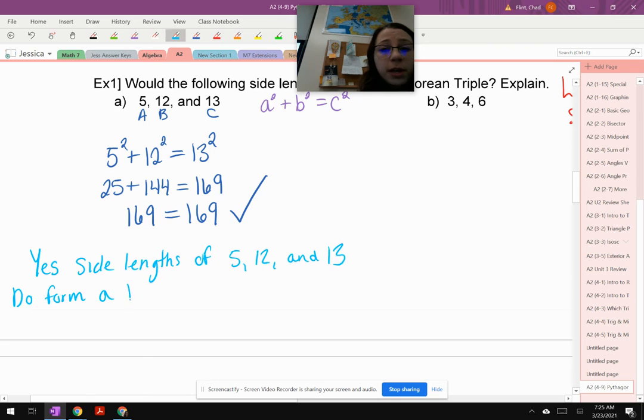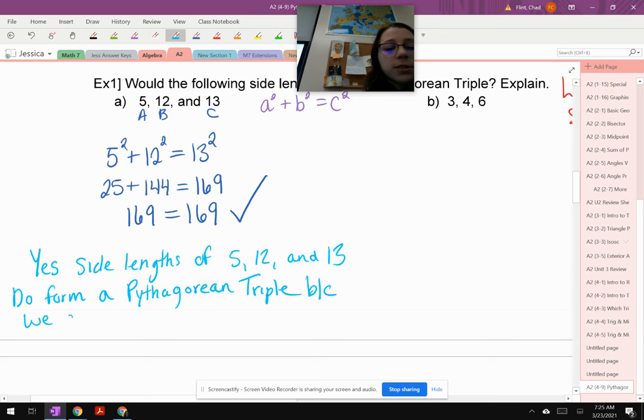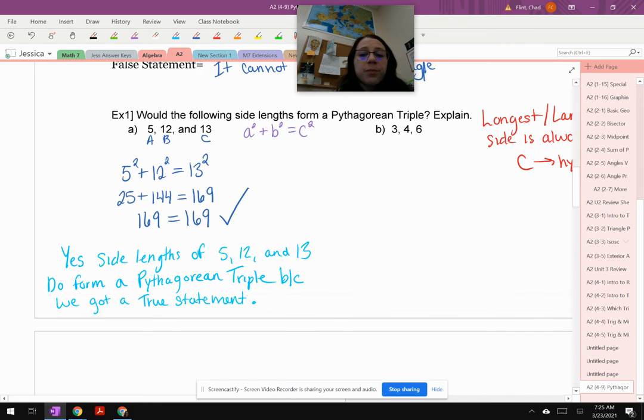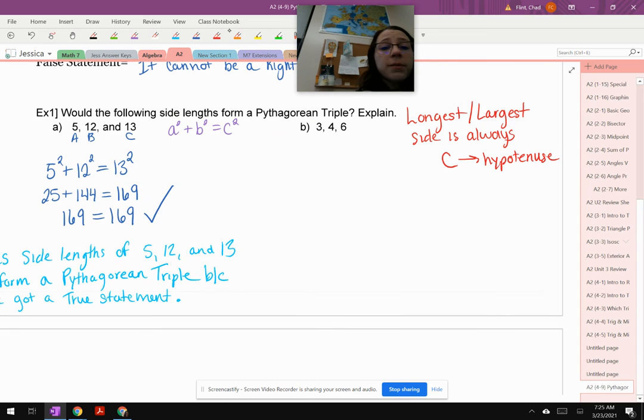They do form a Pythagorean triple because we got a true statement. Boom.